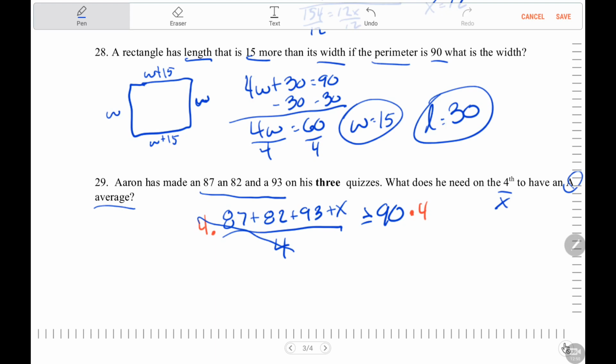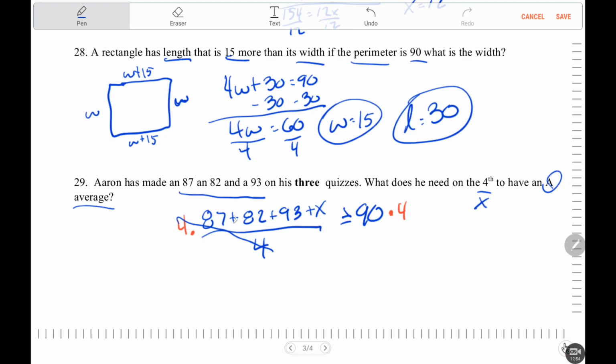So this added together is 262 plus X. The 4's have canceled. Greater than or equal to 90 times 4 is 360. Subtract this 262. And X is going to have to be greater than or equal to 98.